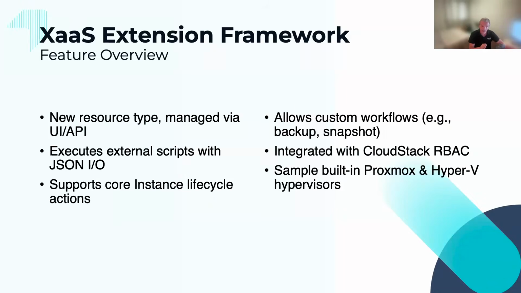So this new feature is a new resource type managed using the user interface or the API. It executes an external script, not inside of CloudStack, using JSON input and output to manage this resource.